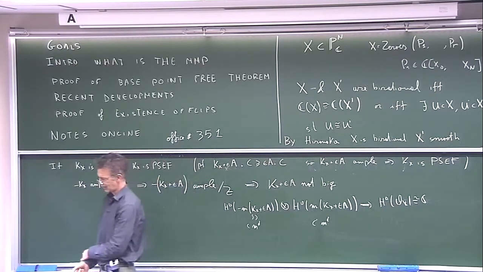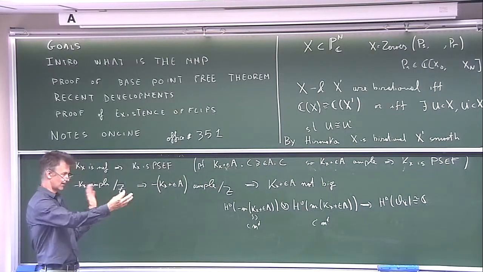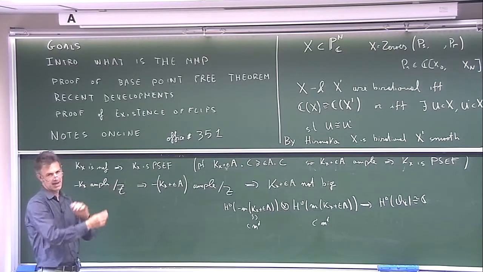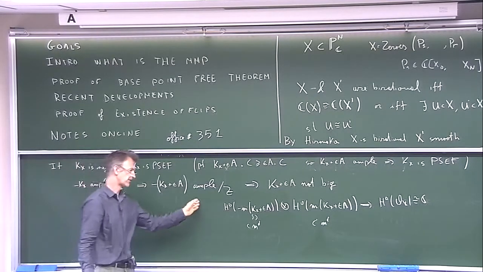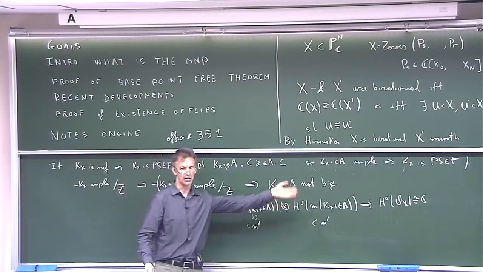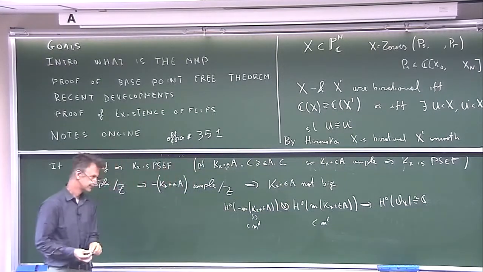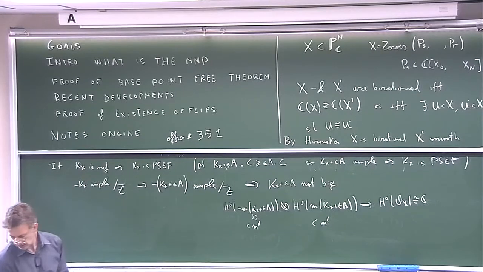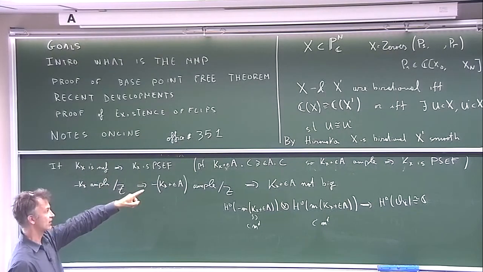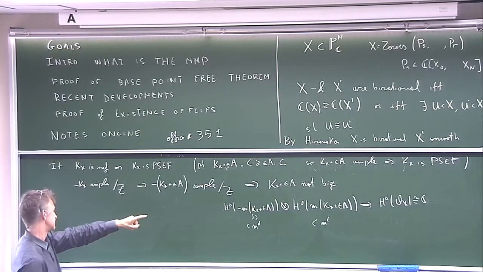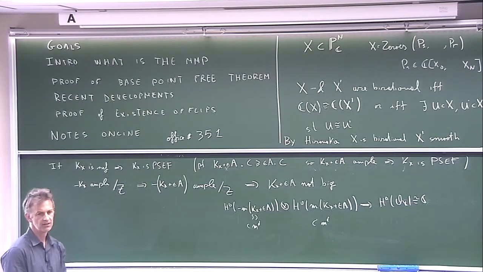You could not have these big groups of sections mapping into a one-dimensional space. Almost everything would have to be in the kernel, but simple tensors are not in the kernel, for example.